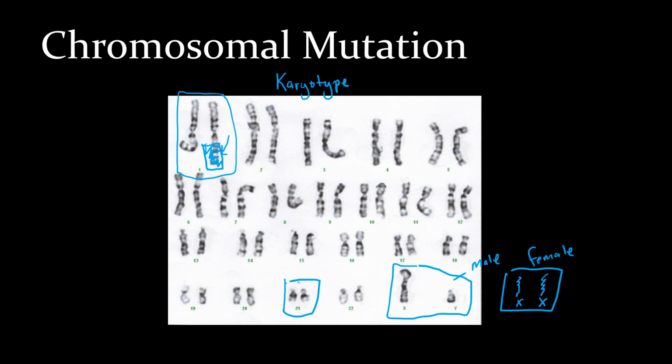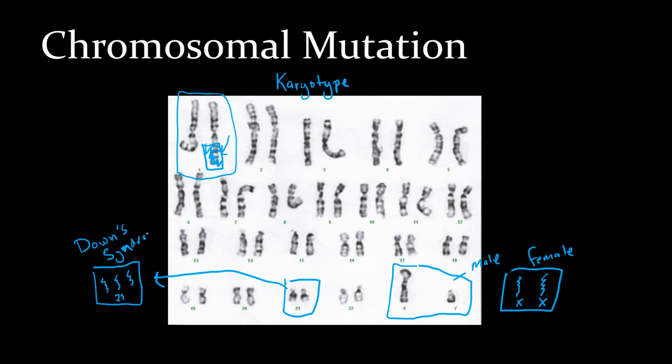One that is always mentioned in textbooks, and one that you might be familiar with, is when pair 21, instead of being a pair, is a triplet. If there are 3 chromosome number 21s, that results in Down's syndrome.